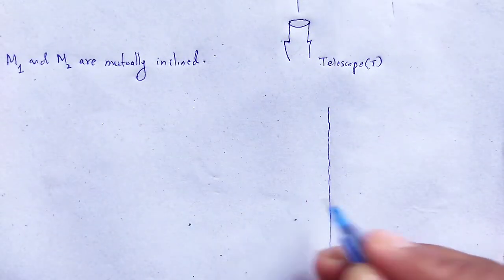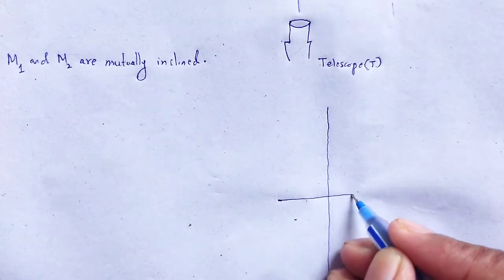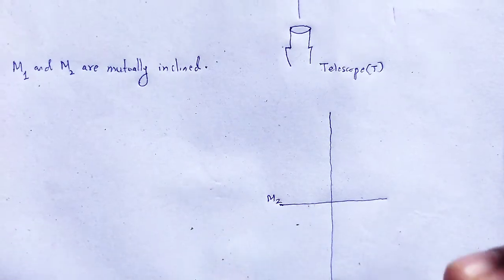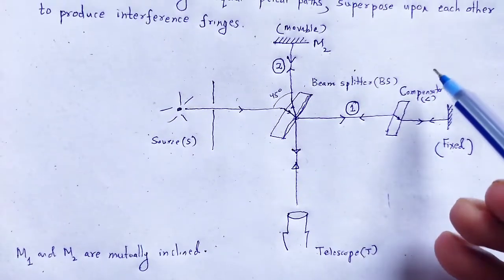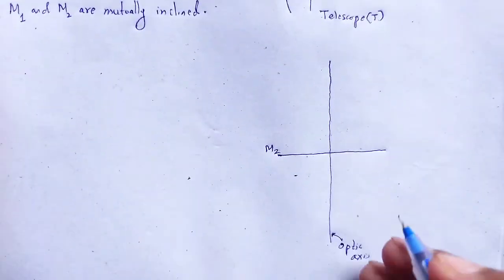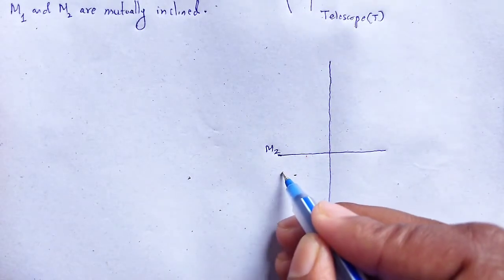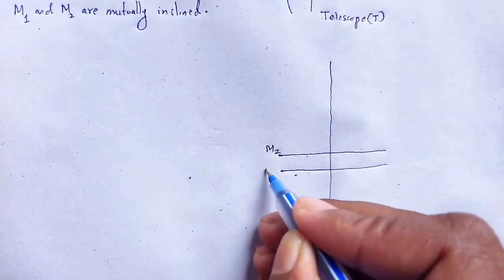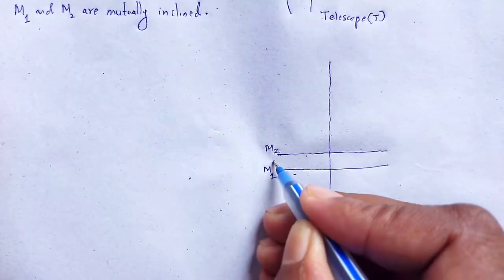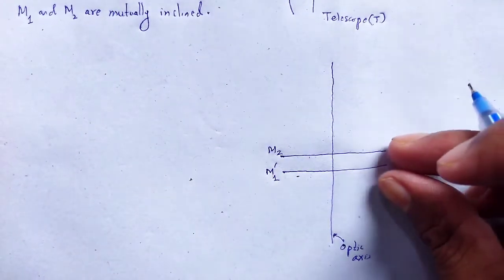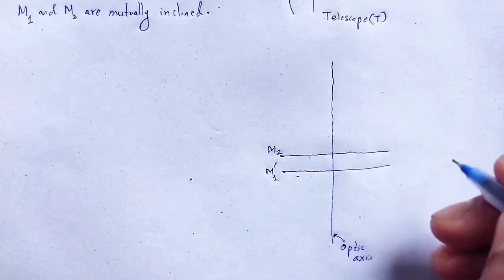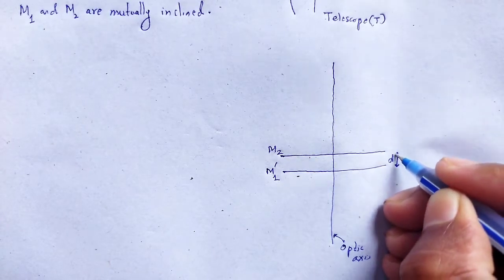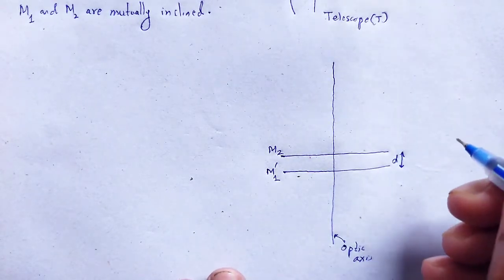The image of M1 is formed, that is the image of M1 as M1 dash, and let D be the separation between M2 and M1 dash.